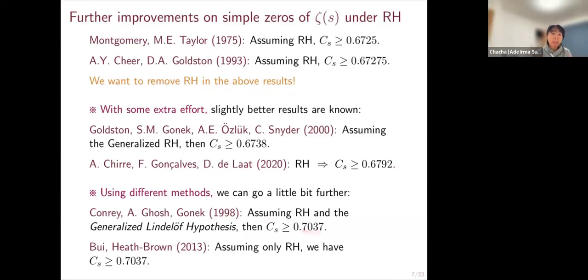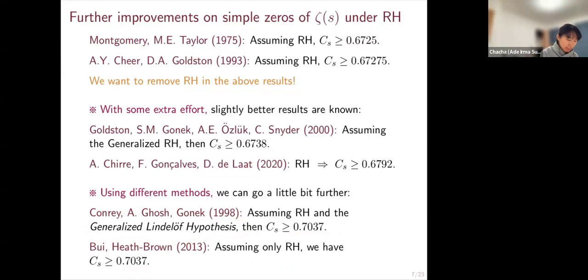And with that, you can go beyond 70%, but still, I think this is the best result we have. So the original idea, I think, started from Conrey, Ghosh, and Gonek in 1998, and Hung Bui and Heath-Brown improved that with the same proportion, but by removing this extra condition. So assuming only the Riemann hypothesis, you can get the same proportion.